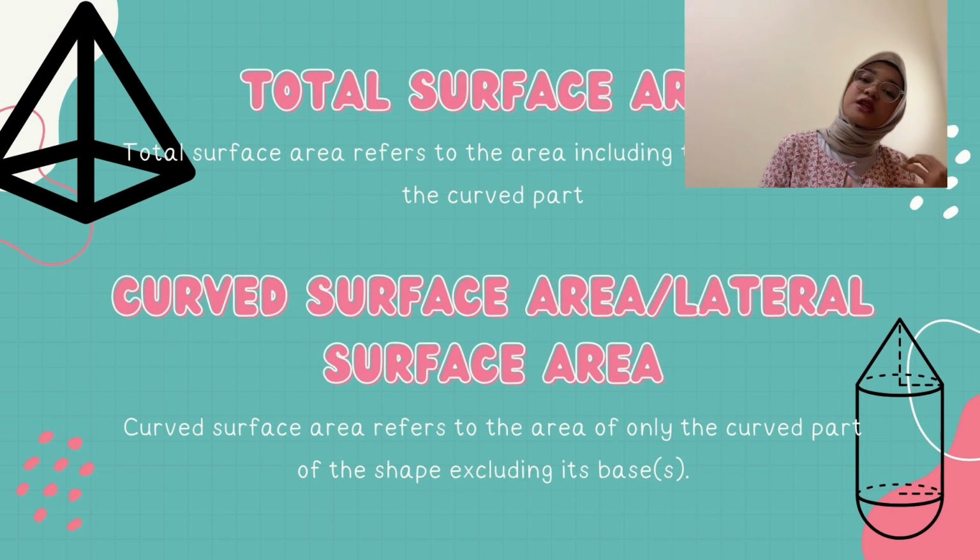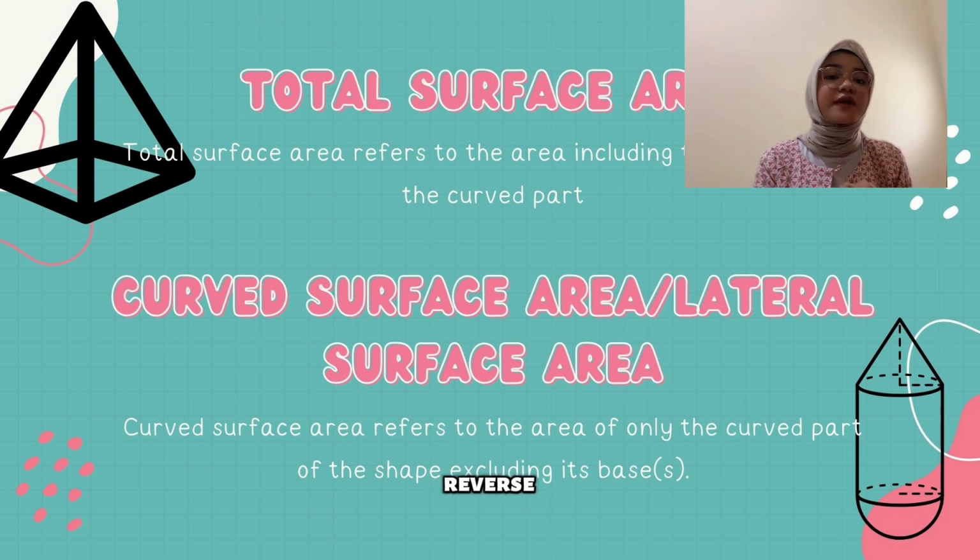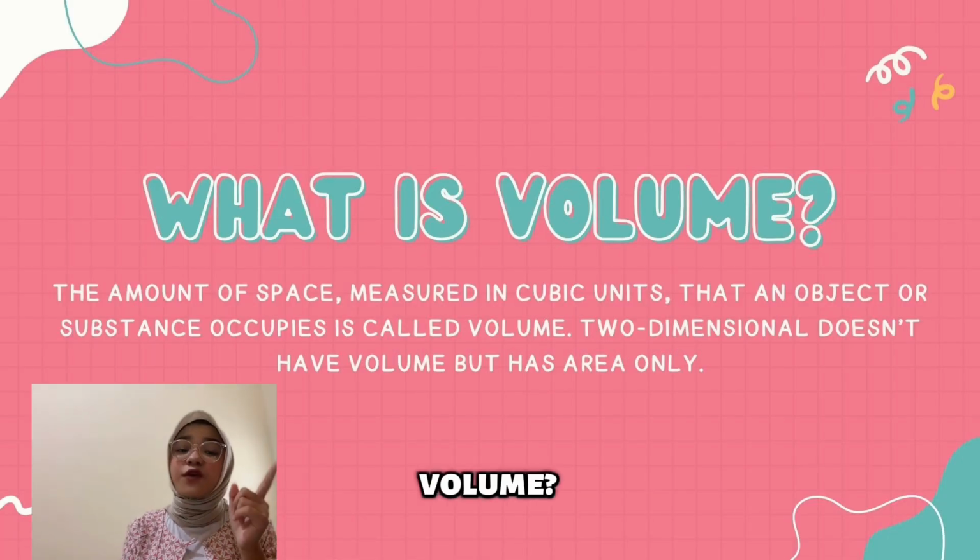Second, curved surface area or lateral surface area. Curved surface area refers to the area of only the curved part of the shape, excluding its base or bases. It is also referred to as lateral surface area for shapes such as a cylinder. What is volume?